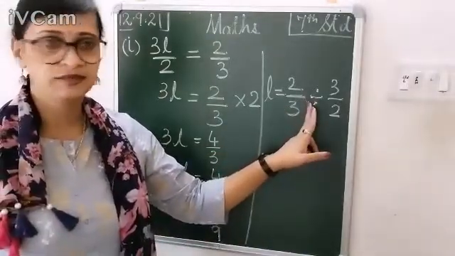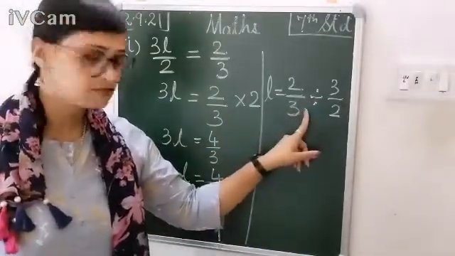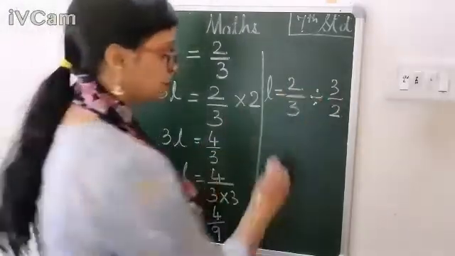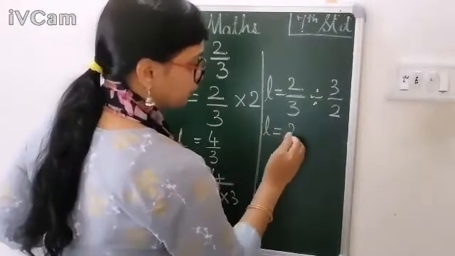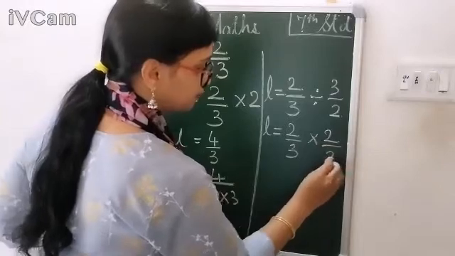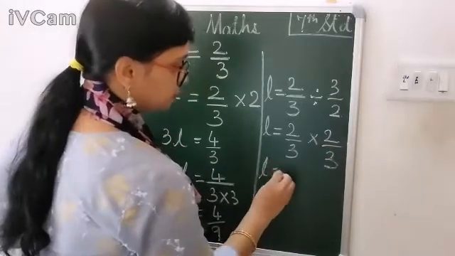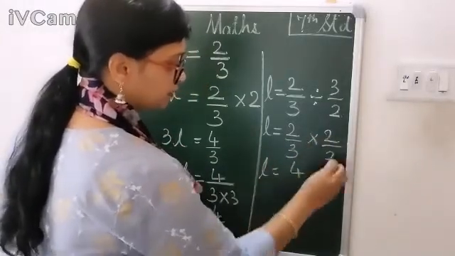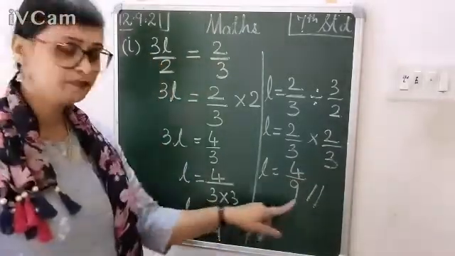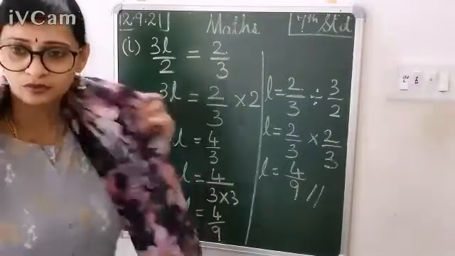When you change the division sign to multiplication, you have to write the reciprocal of this number, which means L is equal to 2 by 3 into 2 by 3. So L is equal to 2 2s are 4, 3 3s are 9. You still get the same answer, whichever way you do it.